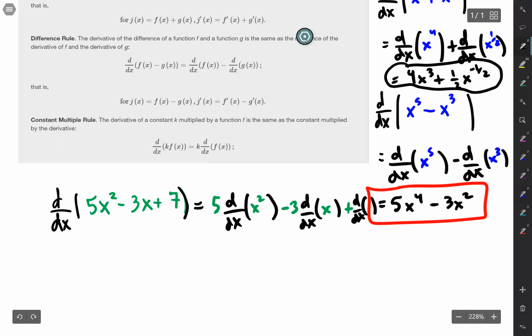I guess you could pull that as 7 times the derivative of 1, but either way, the derivative of a constant is 0.